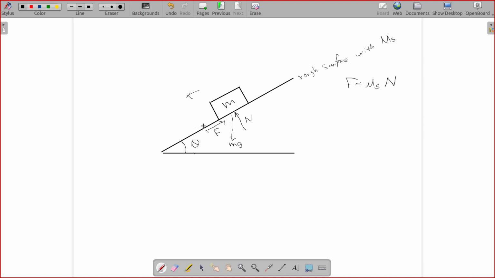So these are the forces we have here. Now from here, how will we calculate theta? How do we do that?